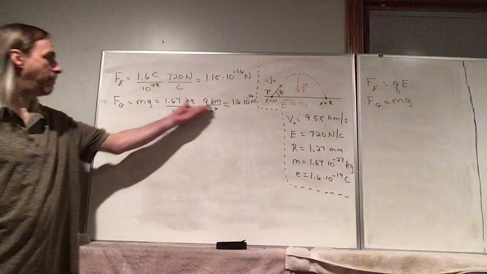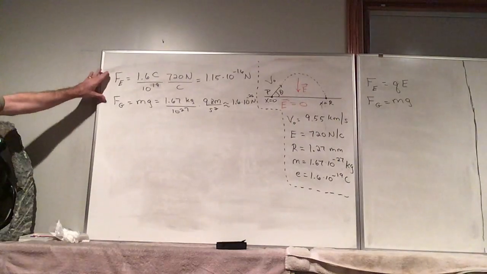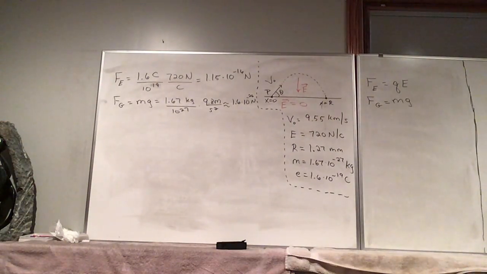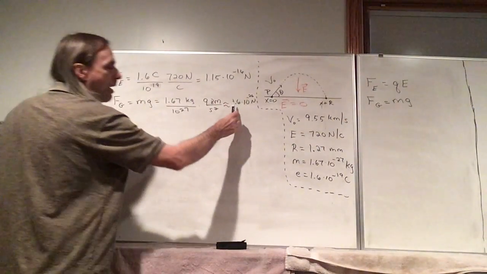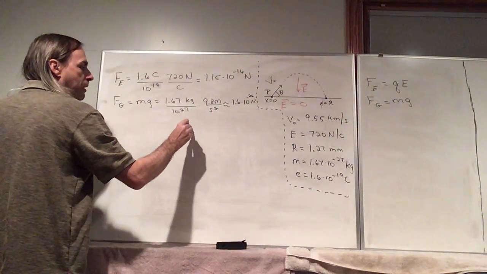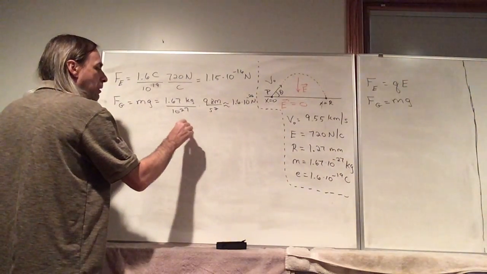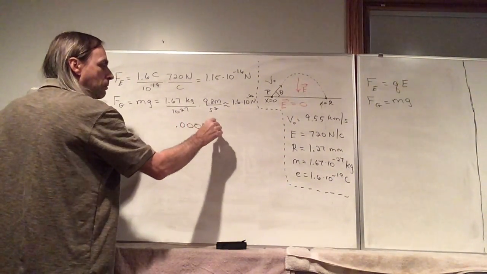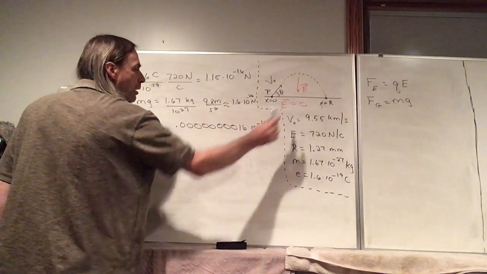If we just multiply this by 10, it would be like 1.67 times 10 to the minus 26. And by comparing these two numbers, if we get the same exponent, we could write the gravitational force as 0.0000 and so on.